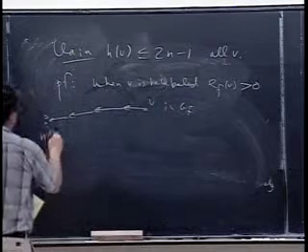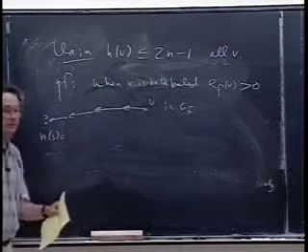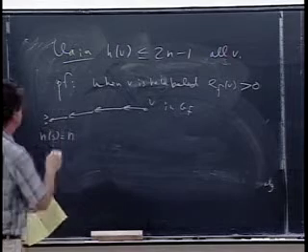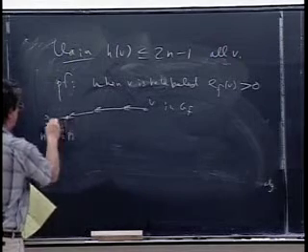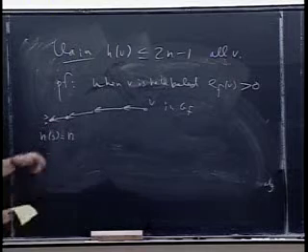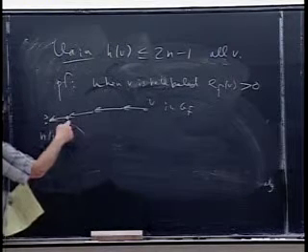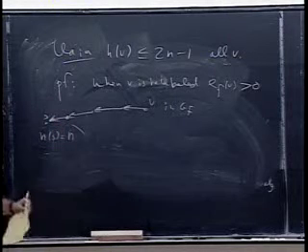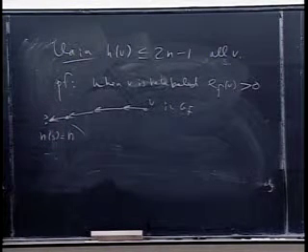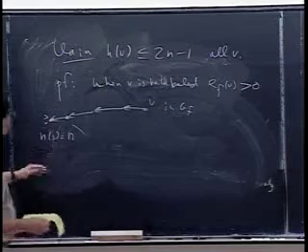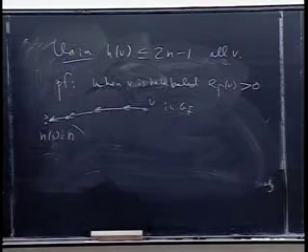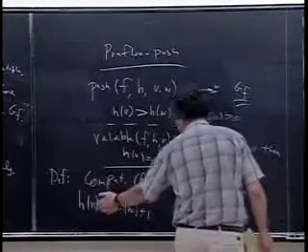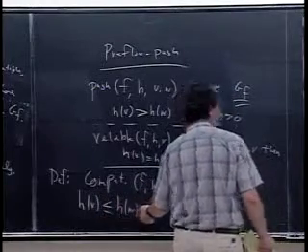What's H of S? It's N. So what do we know about the H label of this node? I have to remind myself of this condition and apply it correctly. This is from V to W: H of V is less than or equal to H of W plus 1.